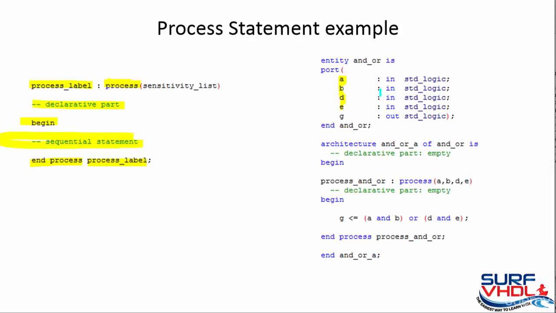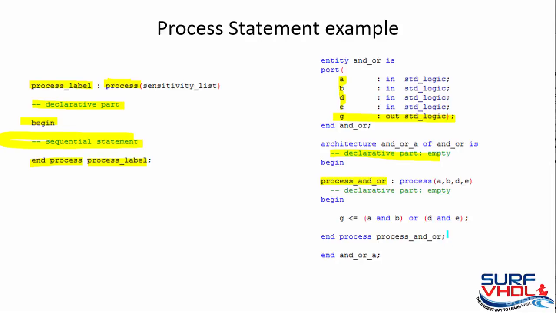A, B, D, E are input ports, G is the output port. The architecture declaration section is empty. We don't need an internal signal declaration. The circuit is implemented using a process, the process AND-OR.